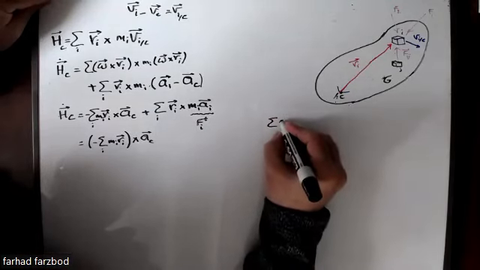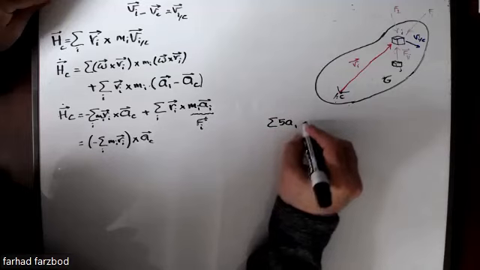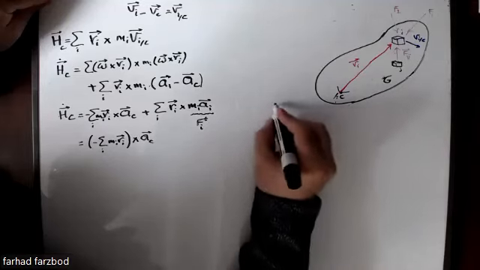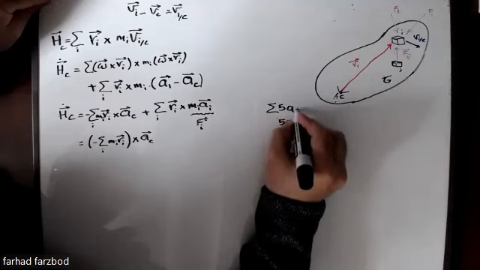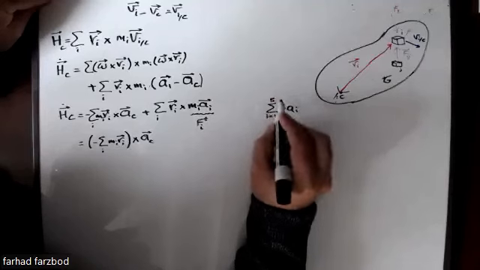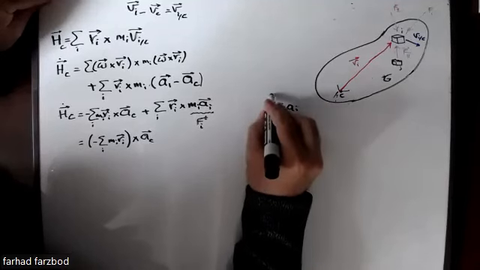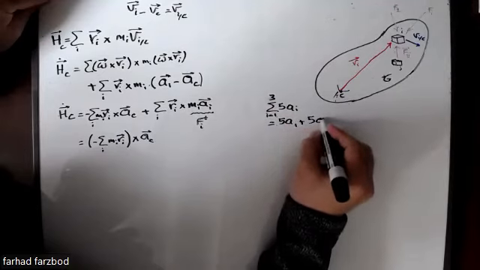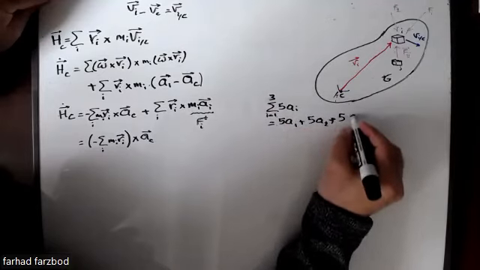For example, if you have sigma of 5A_i, and i goes from 1 to 3, this equals 5A_1 plus 5A_2 plus 5A_3.